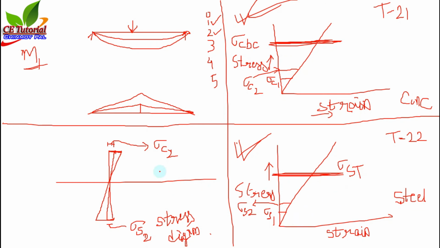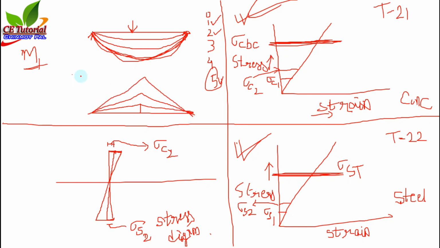Okay, now when we are in 3, 4, 5 position, suppose we are in the final position, this is 5. Now this is the maximum final bending moment. The picture is not clear, but you just imagine this is the maximum deflection, nothing else. So this is the final bending moment and final deflection.